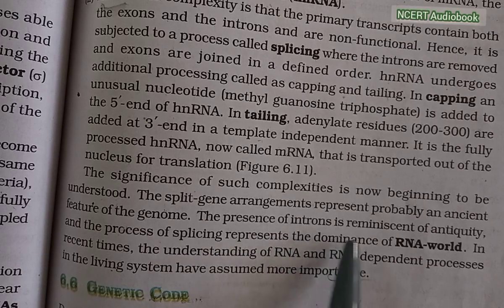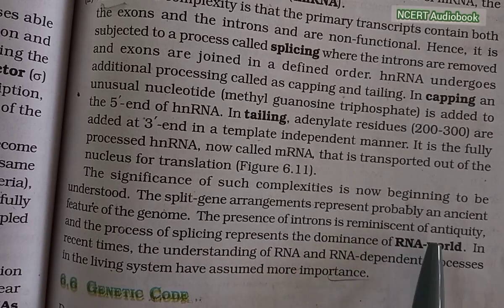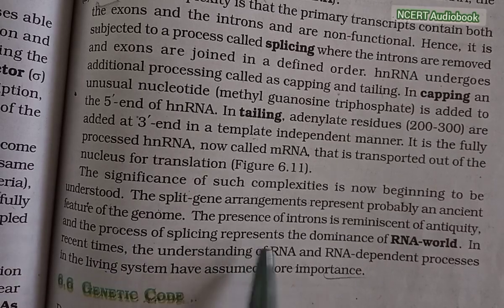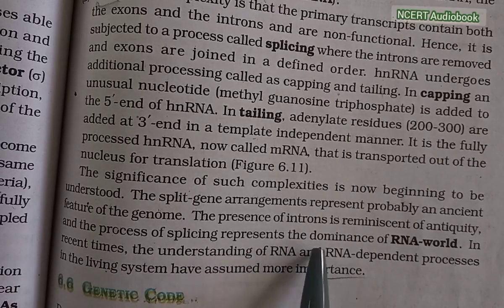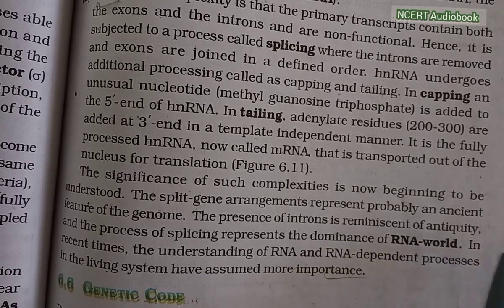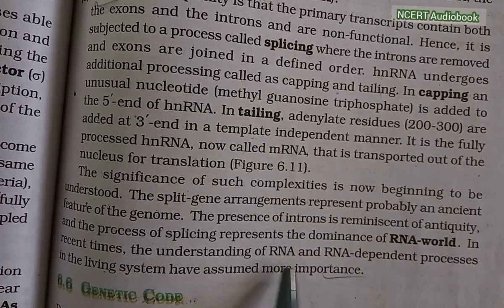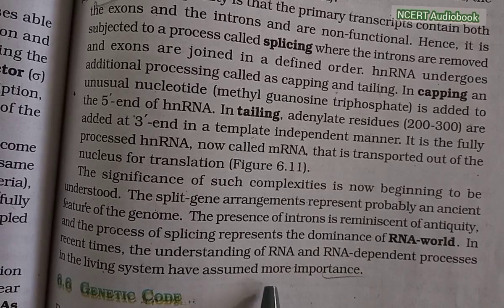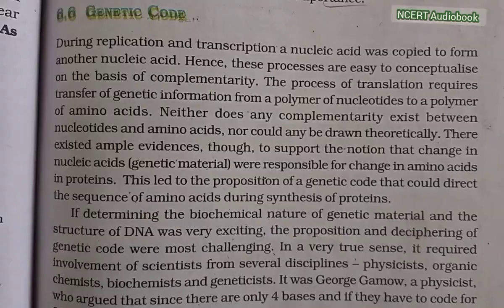The presence of introns is thus a remnant of antiquity, and the process of splicing represents the dominance of the RNA world. In recent times, the understanding of RNA and RNA dependent processes in living systems has assumed more importance.